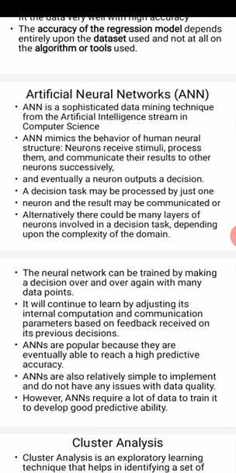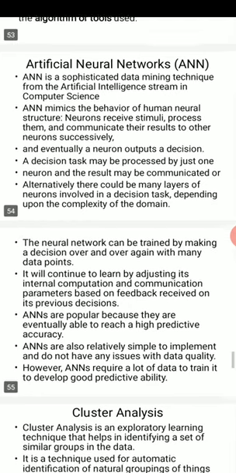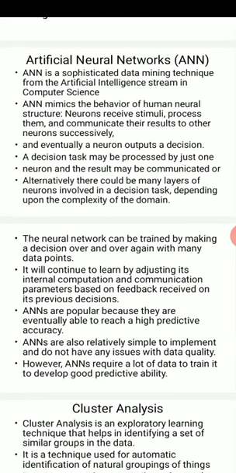So you can take many data points and you can test again and again. So it will continue to learn by adjusting its internal computation and communication parameters based on the feedback received on its previous decisions. So artificial neural networks are popular because they are eventually able to reach a high predictive accuracy.